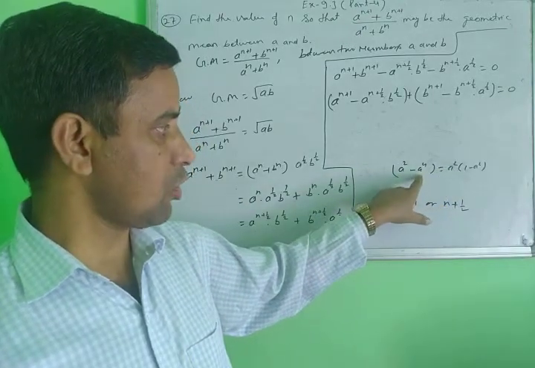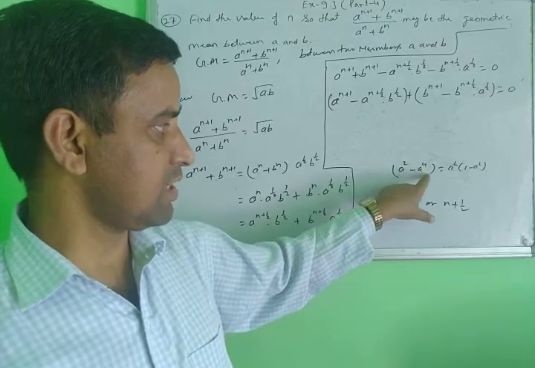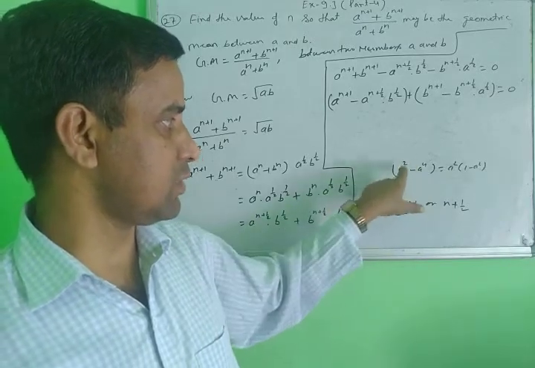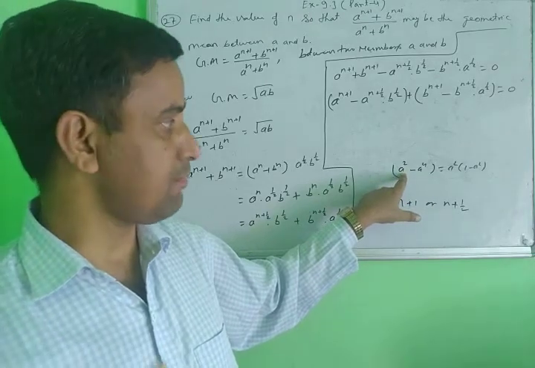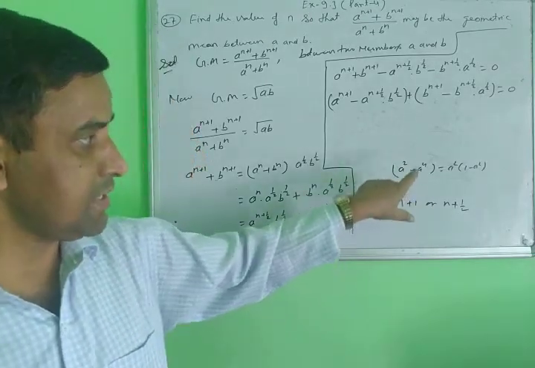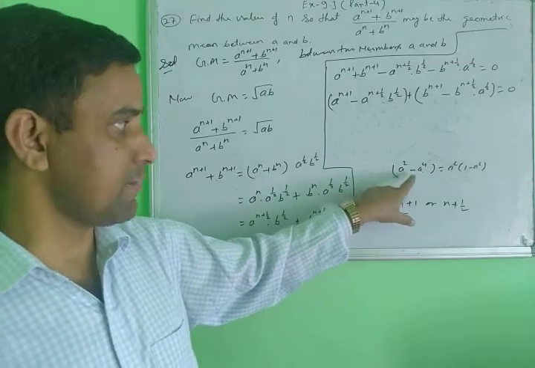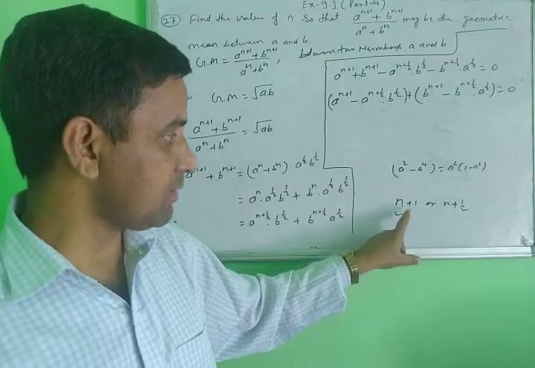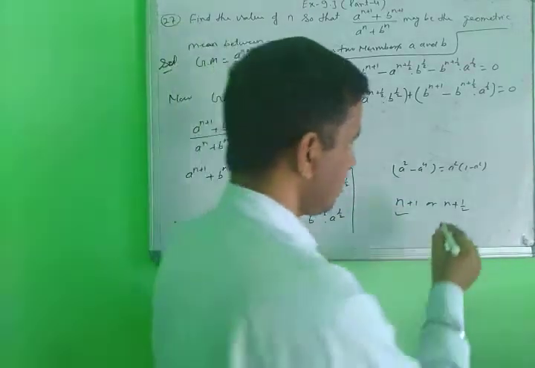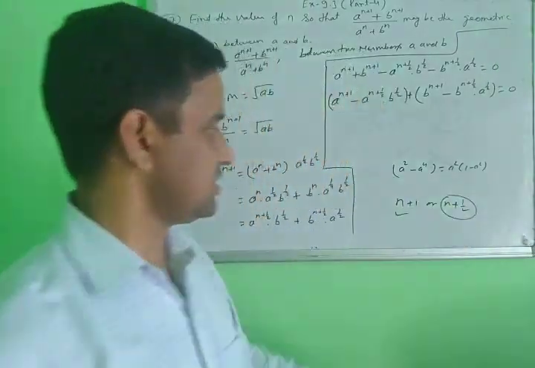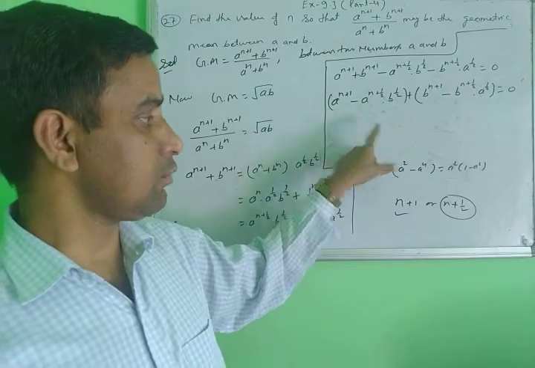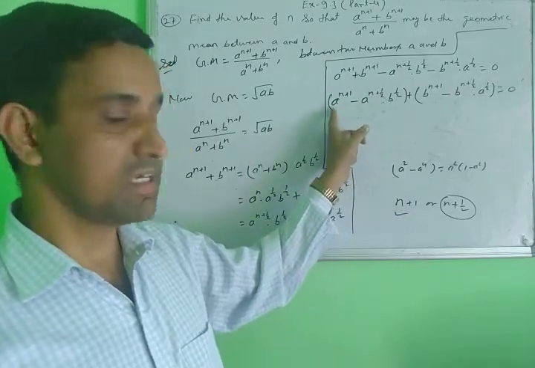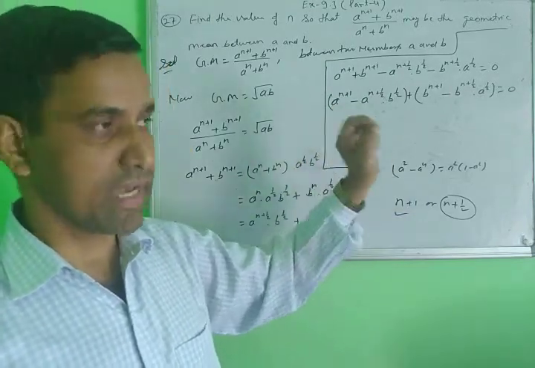With a^2 or a^4, what do you take common? a^2. Why? Because you take the minimum power common, not the maximum power. So what is the minimum power here? This is the minimum power, this is the maximum power. The same rule applies here: we take the minimum power, not the maximum power.